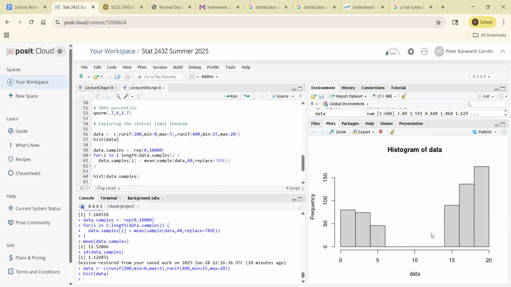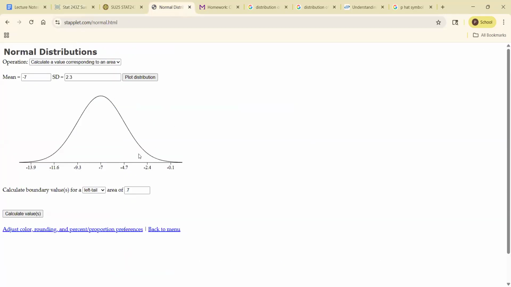So I can't use the tools of normal distribution to ask things like, what's the probability that I'm greater than 18? Or what's the probability of observing something less than 4? I can't use my normal distribution calculator.